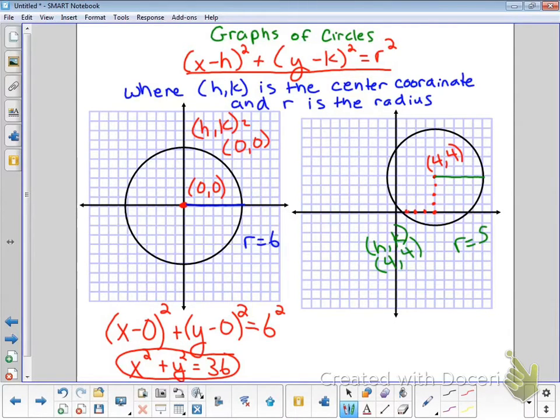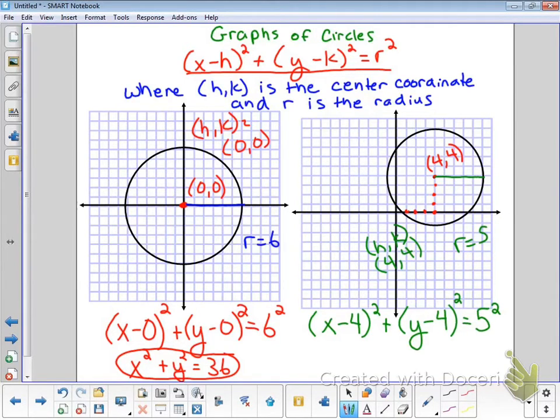So now I'm going to plug into the formula at the top of the page. I have x. Now I put in the opposite of the h value. So minus 4 squared plus y. Again, I put in the opposite of the k value, minus 4 squared equals the radius, which is 5 squared.